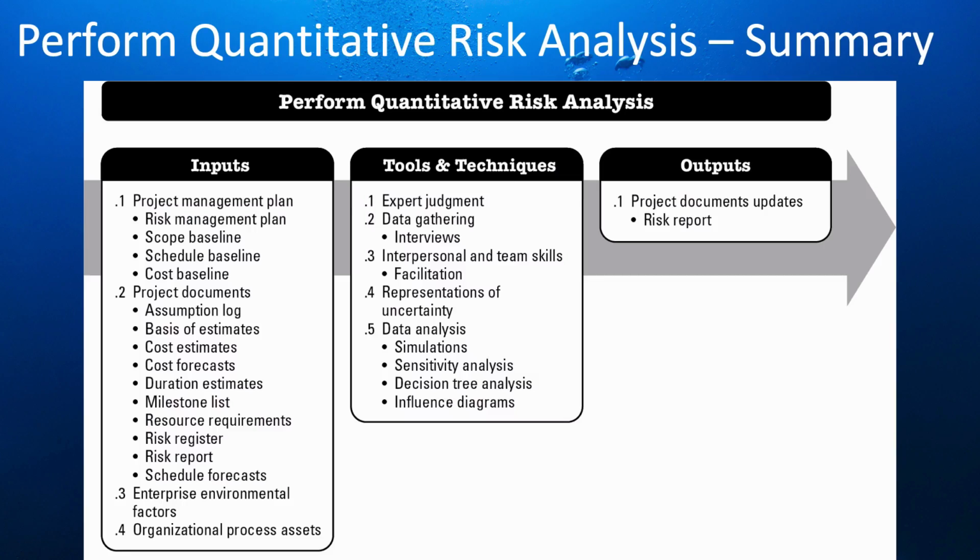Tools and techniques include expert judgment, interviews, facilitations, representations of uncertainty using probability distributions and correlations, and simulations, sensitivity analysis to determine which elements most affect the project objectives, decision tree analysis, and influence diagrams.